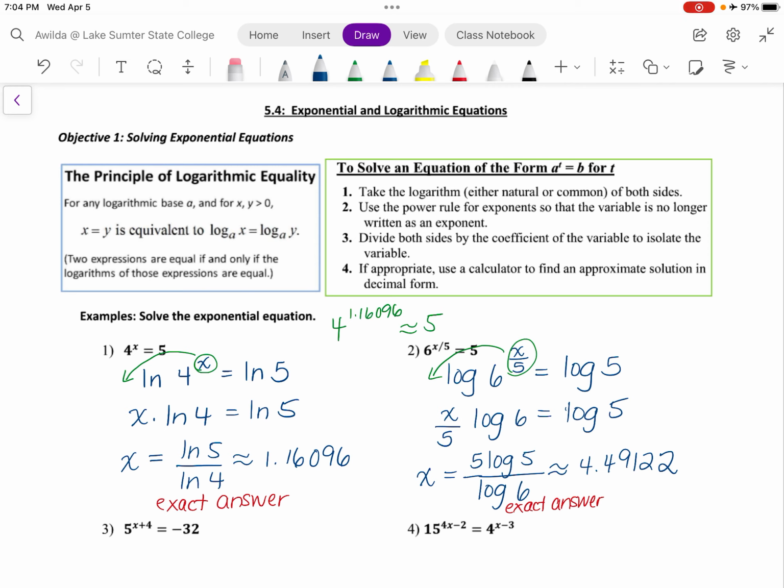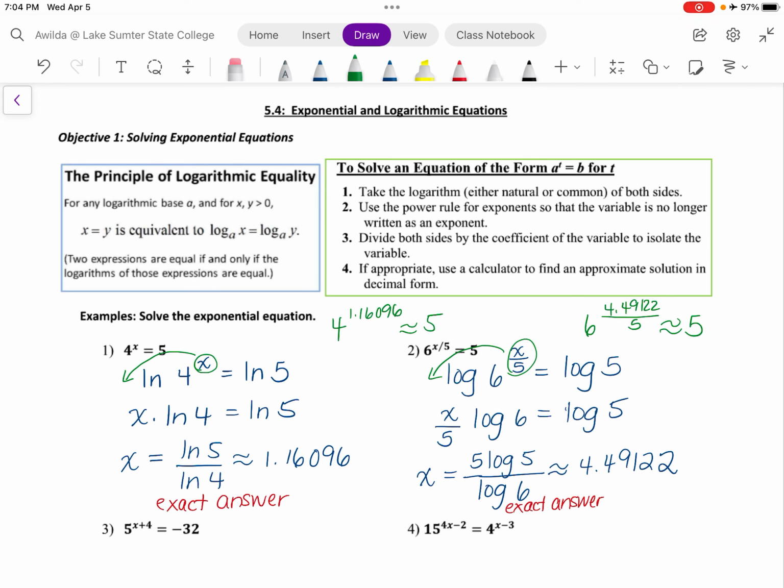So if I check this approximate answer, I should be able to verify that 6 raised to the power 4.49122 divided by 5 is about equal to 5. And again, you can pause the video and take a moment to practice with your calculator to see that this is indeed the case.